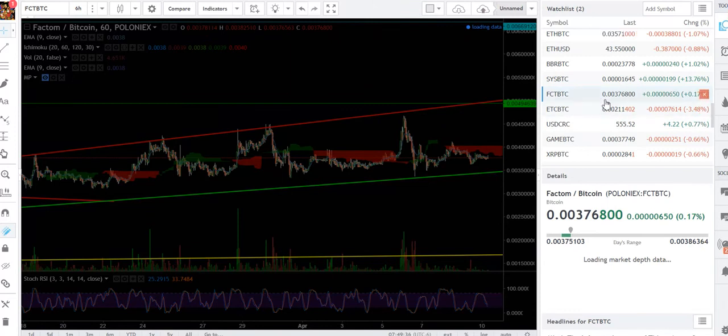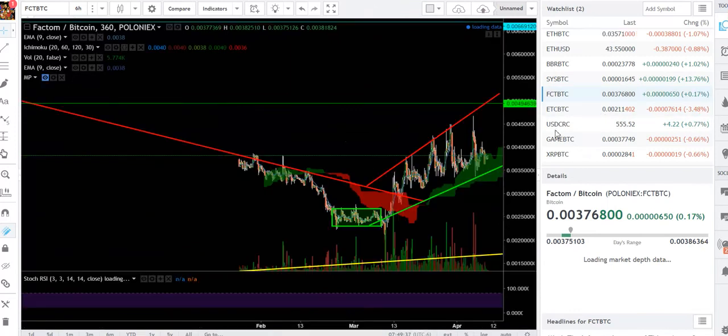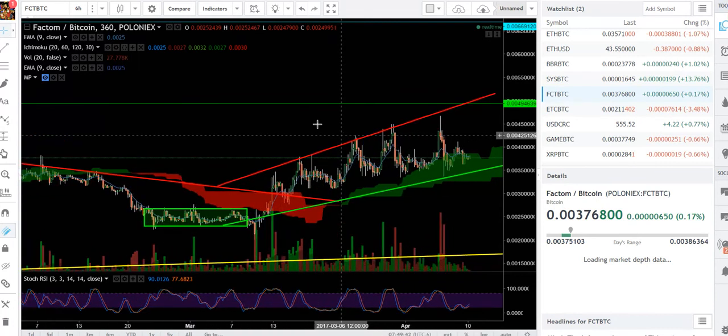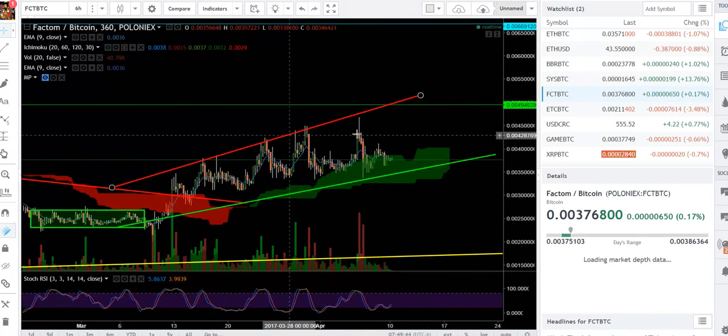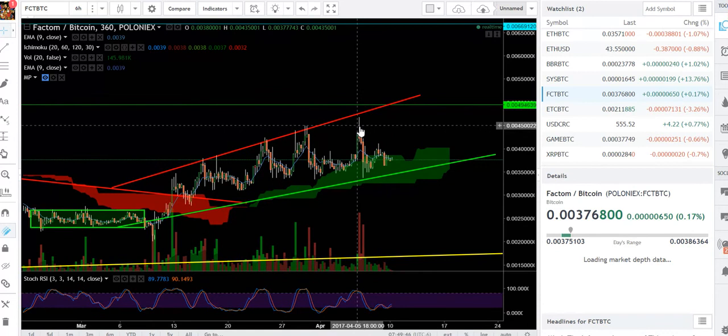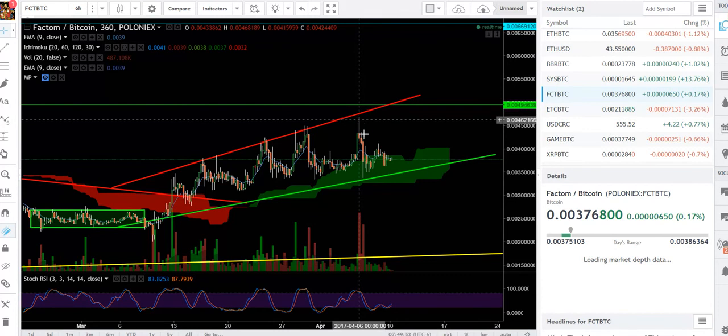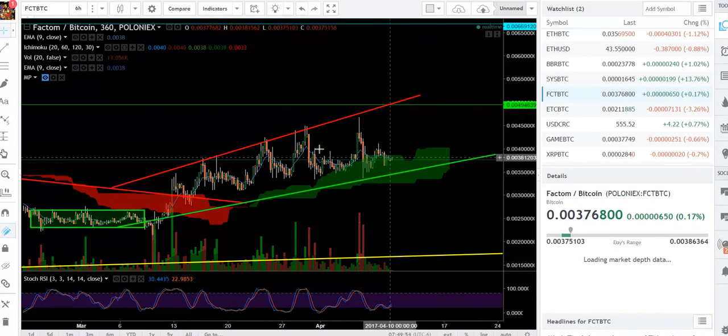Sorry guys, I don't know why my charts are taking so long to load here. There we go. So, Factum made a higher high in here. And I remember a lot of people chasing this and buying this because it made a new high in here, and they just got destroyed on that. Because I guess maybe you have to really take all the time frames into consideration, okay?